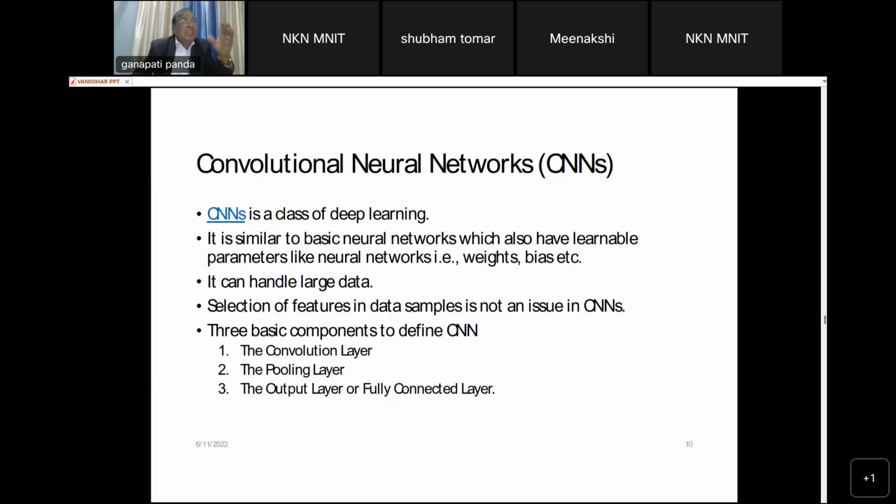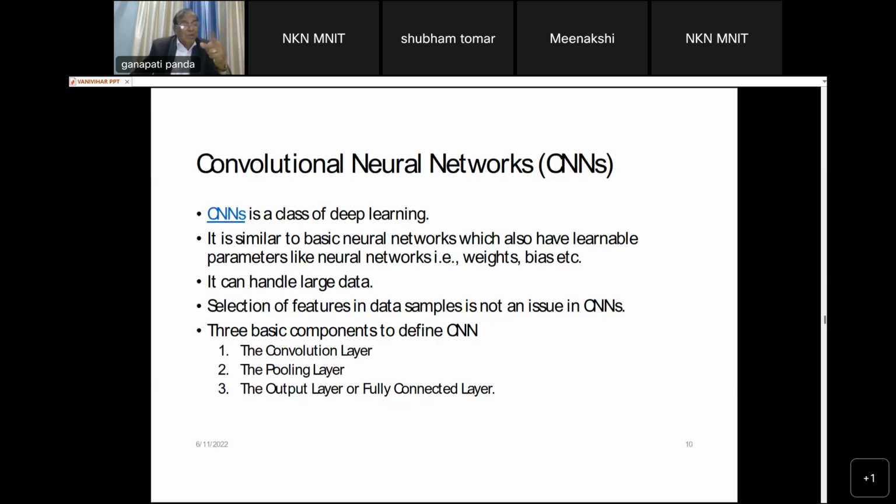After each feature extraction through the convolution process, you do a pooling operation. There are two types of pooling, maximum pooling and average pooling. In maximum pooling, you take a small window and take the highest value in it.